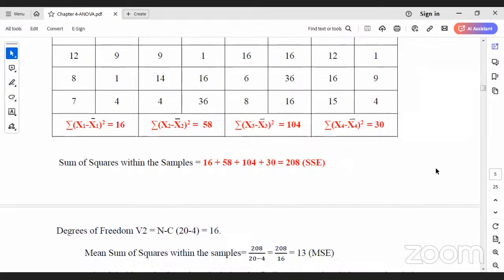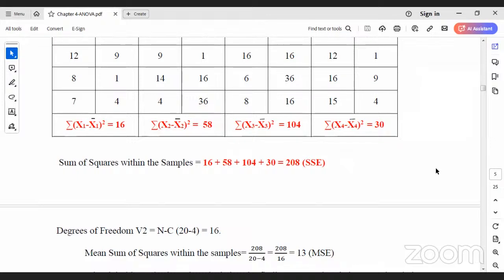That value is called the SSE value. Any doubt, anybody?